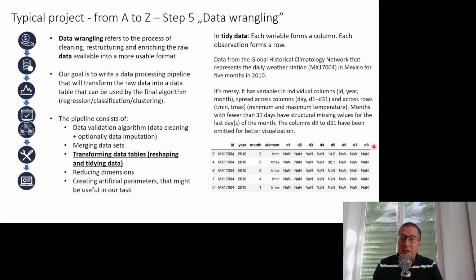But it's messy. It has variables in individual columns like ID, year, and month. They are spread across columns, so those days from 1 to 31, and across rows, so this minimal and maximal temperature. We'll obviously have missing data because not all months have 31 days. So there will be a problem for months that have 30 days or 29 days.